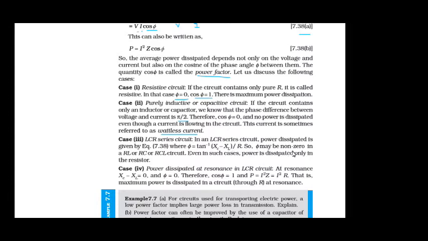So phi may be non-zero in an RL, RC or RCL circuit. Even in such a case, power is dissipated only in the resistor.